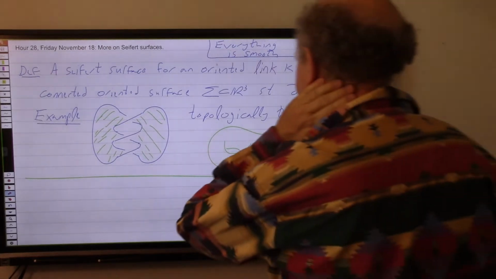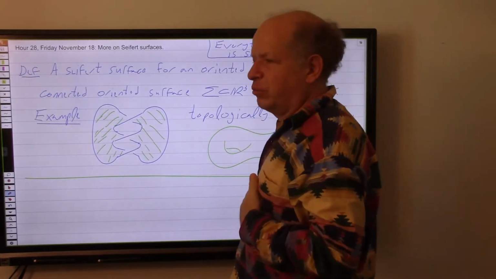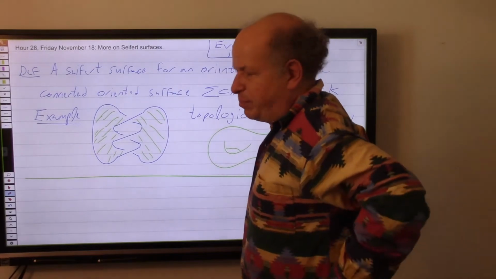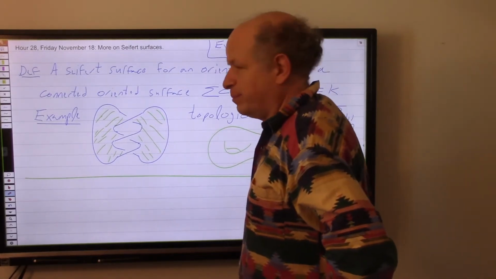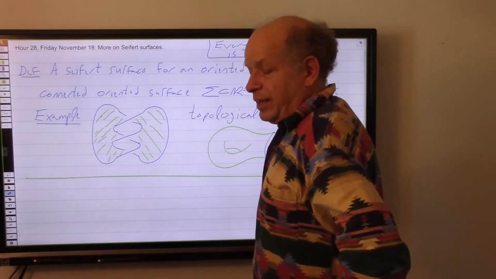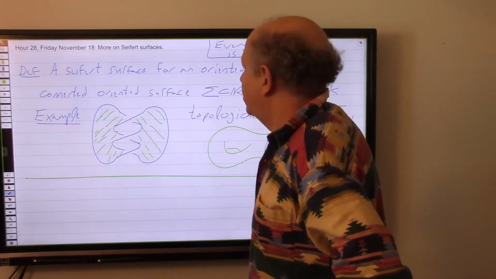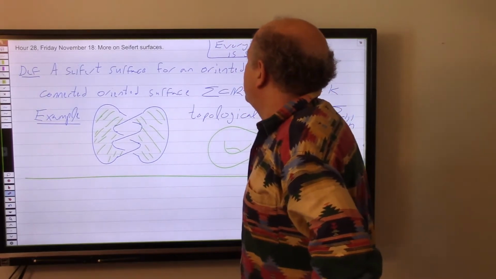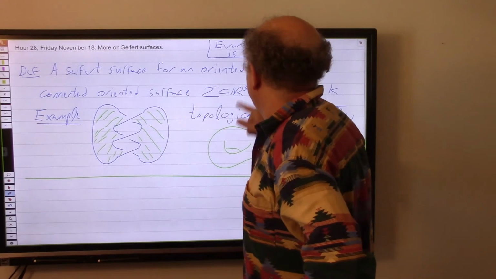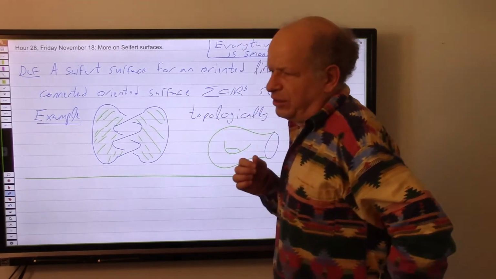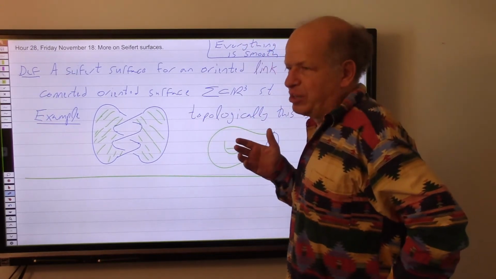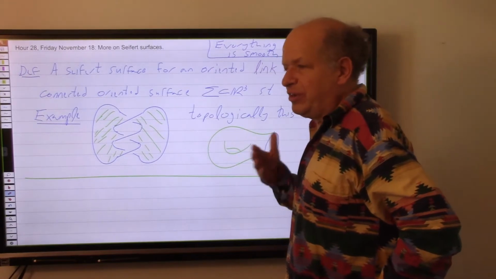So, hello everybody, and we will be saying more things about Seifert surfaces today, and actually also get some topological consequences. But first of all I should say that everything that I will say today is smooth, even if I don't say so.